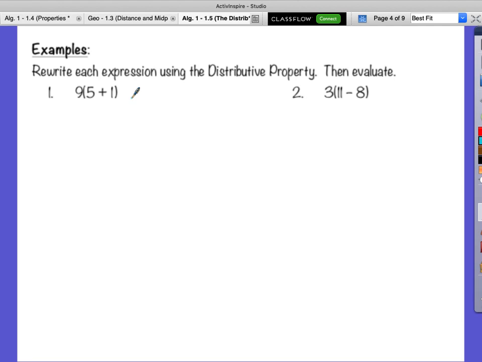I want you to use the distributive property, not order of operations. Very good, thank you.